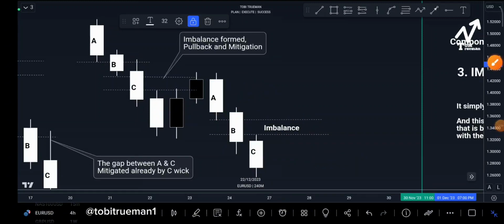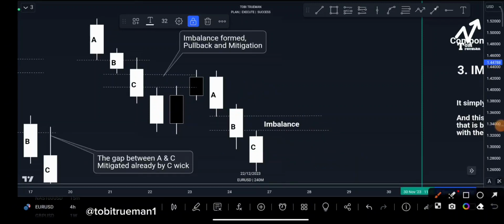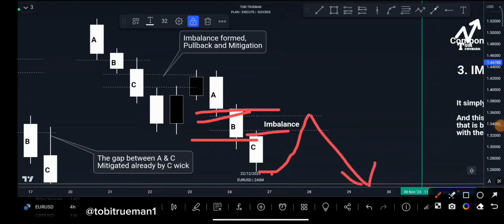Okay, the wick of candle A and candle C. By the time you draw it across the body of candle B, there's already a fair value gap there. So we are expecting price to have a pullback into this fair value gap, then to continue this movement, just like price did in this area also.